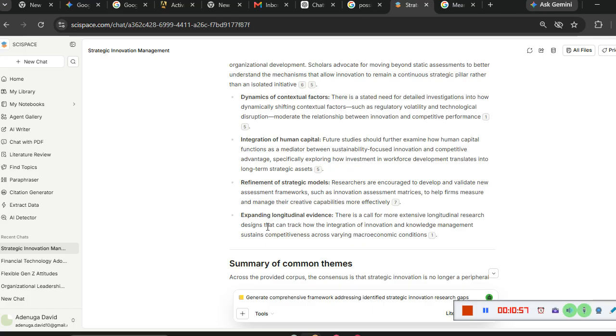You understand? So, expanding longitudinal evidence. There is a call for more extensive longitudinal studies. This longitudinal is basically saying wider geographical areas should be covered, that can track how the integration of management works across various macroeconomic conditions. This will require much time.